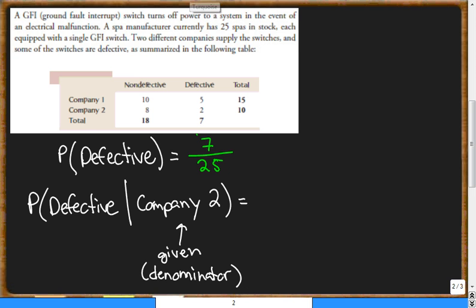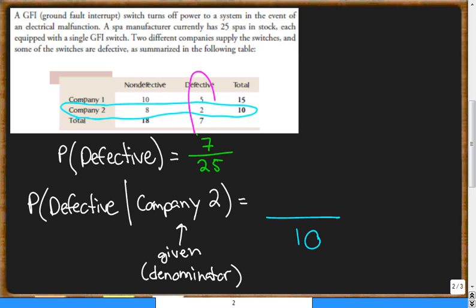So when we look at this, company 2 is our denominator. So we have 10 total options for company 2. And we want to know the chance that it's defective. So we look at our defective column, and we only look at the intersection of these two events. So we get 2. And so our probability overall is 1 in 5.